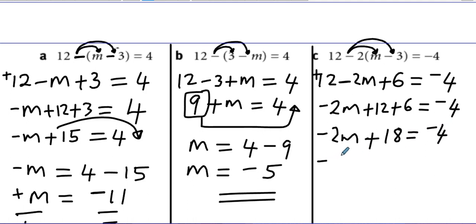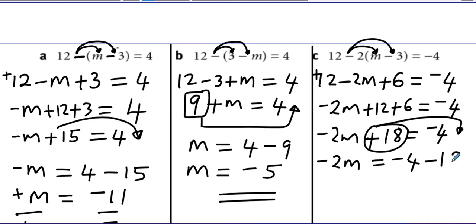So negative 2m equals to this positive 18 has to be taken to the right hand side. So that will be negative 4 minus 18. So negative 2m equals to negative 4, negative 18. So the answer will be negative 22.